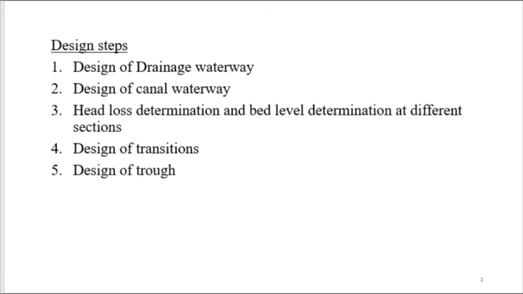Next one is design of transition. The cross section varies in an aqueduct, so how that variation comes and what width is provided at each section will be designed. Then design of trough is nothing but the cross section of the aqueduct provided.